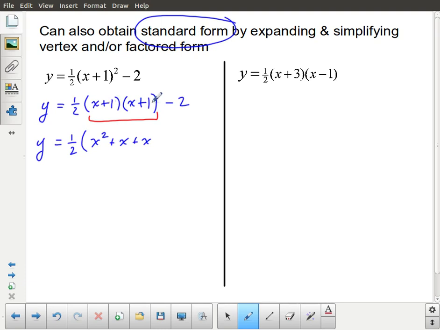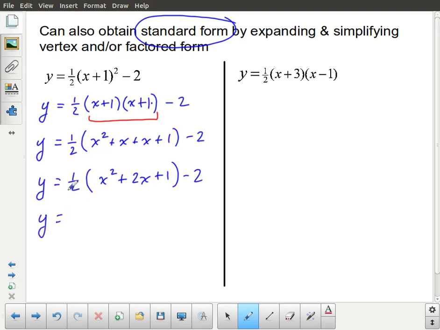And I'm going to look at the last terms. 1 times 1 is 1, minus 2. Now be very careful. This half has to be multiplied into this bracket. It has nothing to do with this negative 2 on the end, and that's order of operations. So y is equal to, before I multiply anything into that bracket, I'm going to simplify: x squared plus 2x plus 1 minus 2.